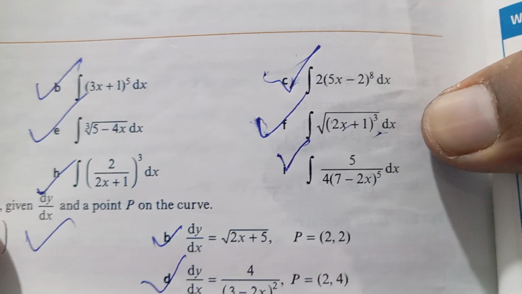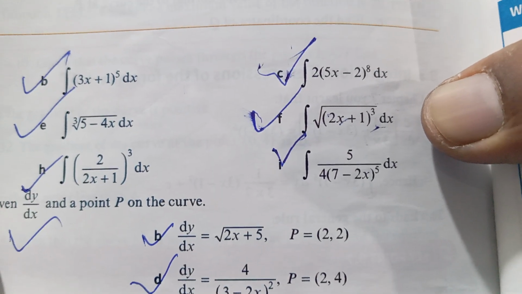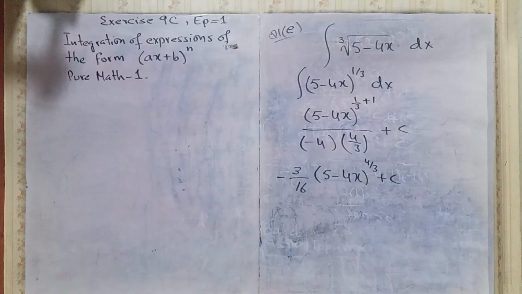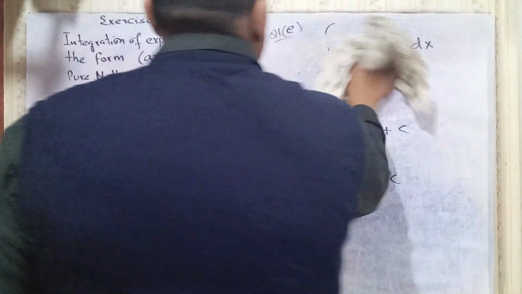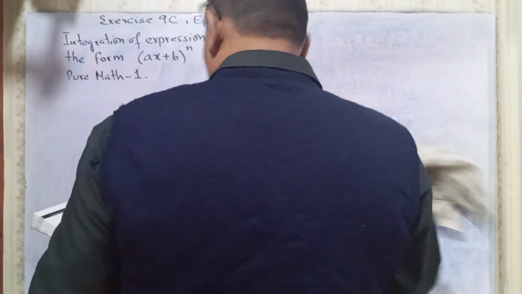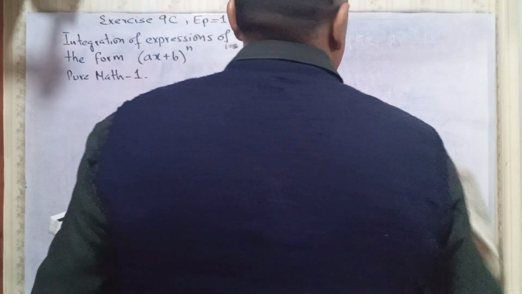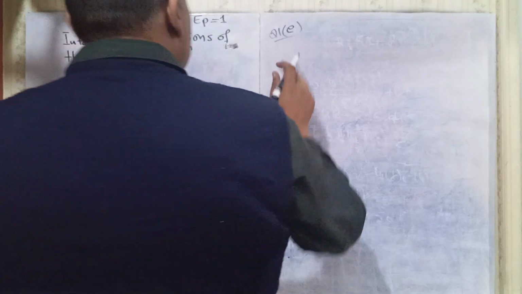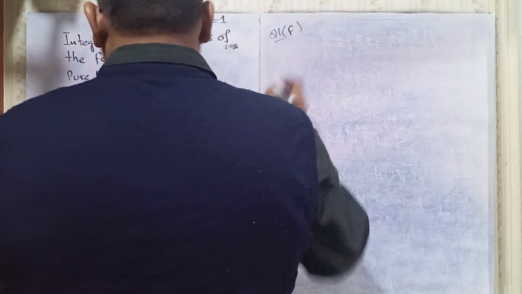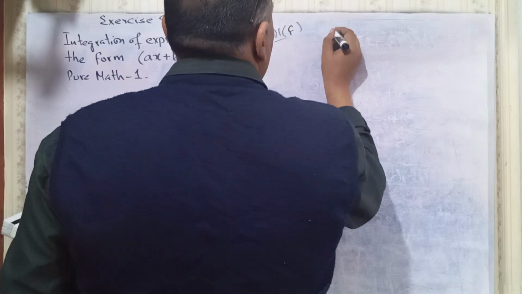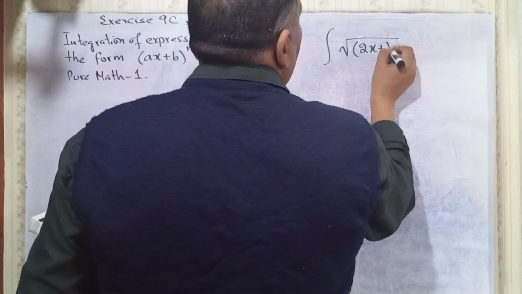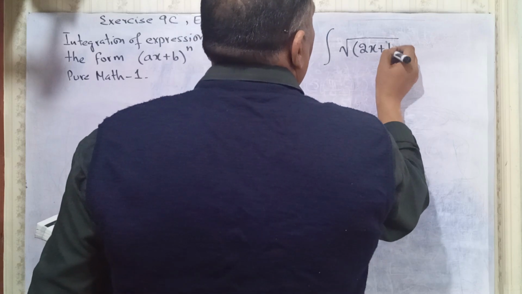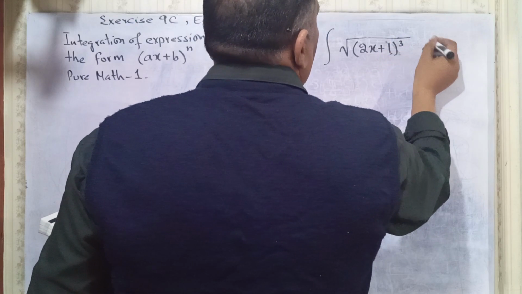Now let's go to the next question. The next question is going to be this part, F part. Square root of (2x plus 1) whole cube. So we will try that. The F part: you have to integrate under root, bracket 2x plus 1, whole cube, d of x.